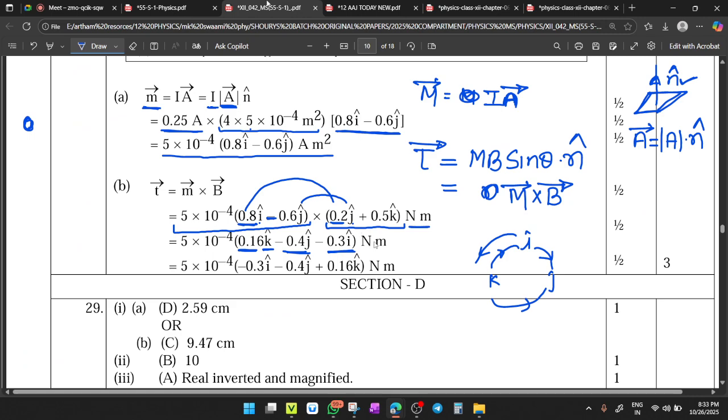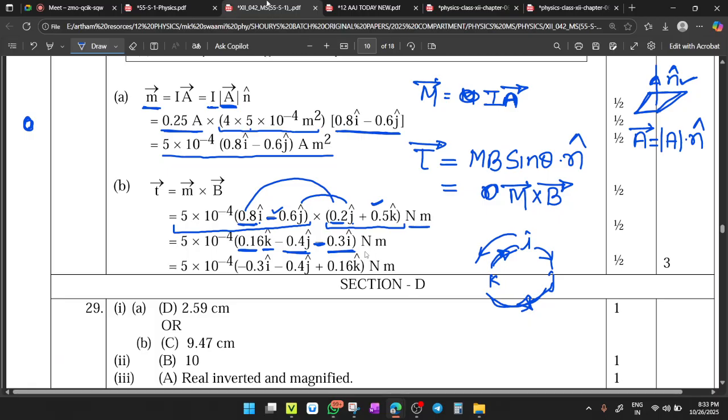Clear or not? Check: j cap cross k cap. If j is moving towards k, it will give you plus i cap. But here it is minus 0.6 multiplied with plus 0.5, and minus multiplied with plus gives minus. So it equals minus 0.3 i cap.